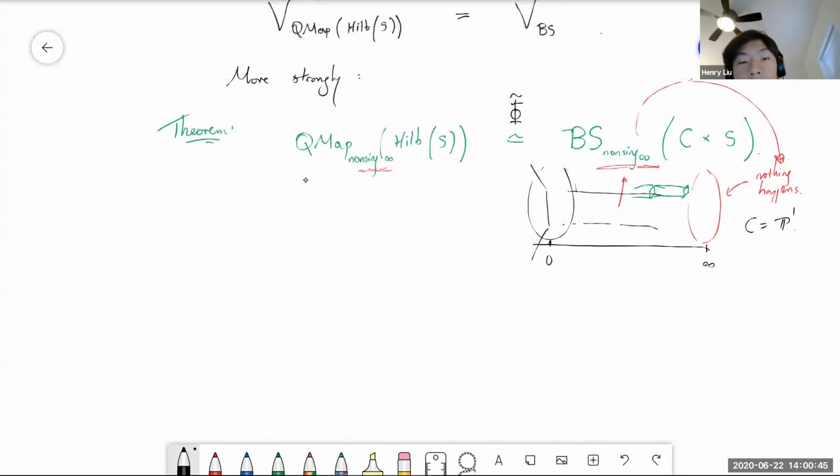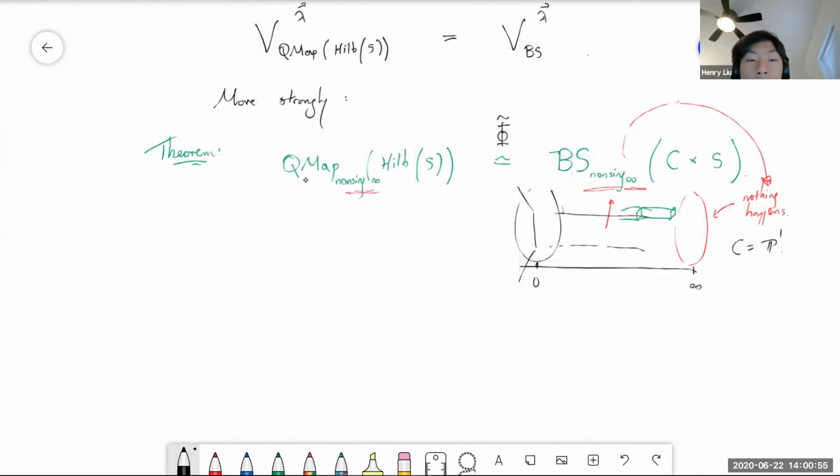And if you want the vertices to be equal, not only do you want an isomorphism of moduli spaces, but remember at the very beginning we said to write down the vertex, there are two ingredients. You need a moduli space and you need some kind of tangent obstruction theory. So associated to each of these theories, there's a T-vir. Let me do this in green because the rest was in green.